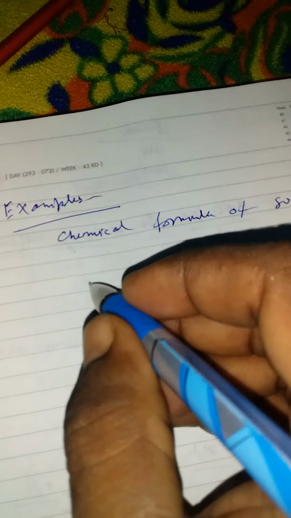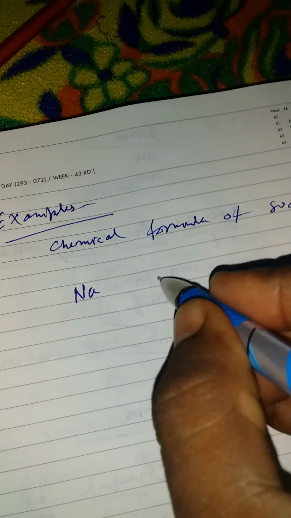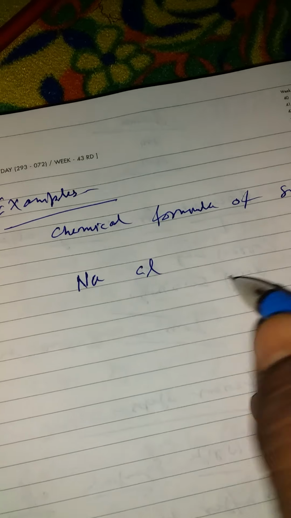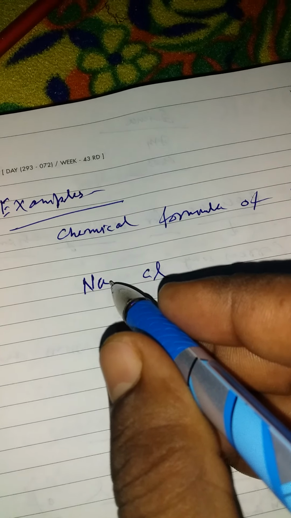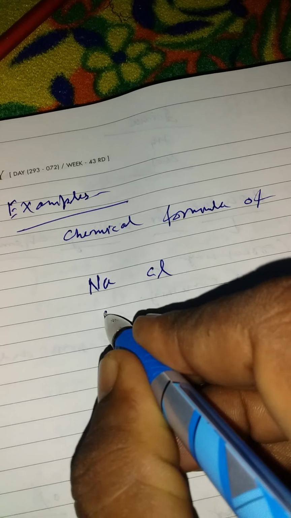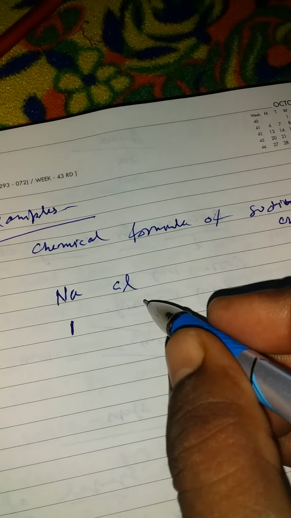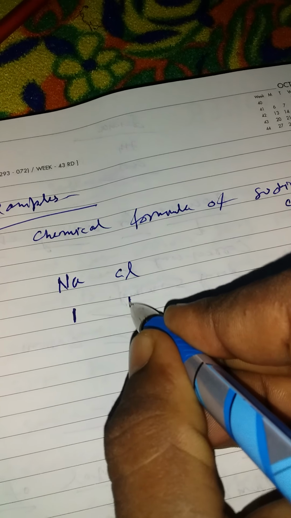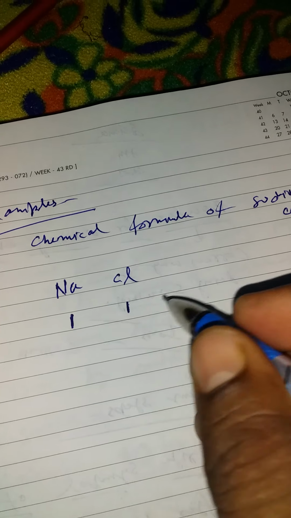For sodium ion, symbol Na, and for chloride Cl, and it carries charge +1. We have to write here 1 without indicating their sign, and chloride has minus, so it has only one negative charge.